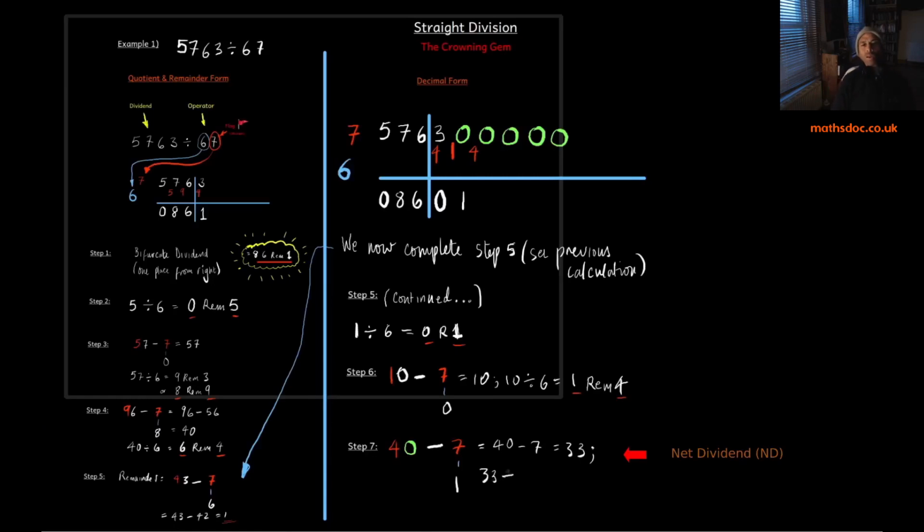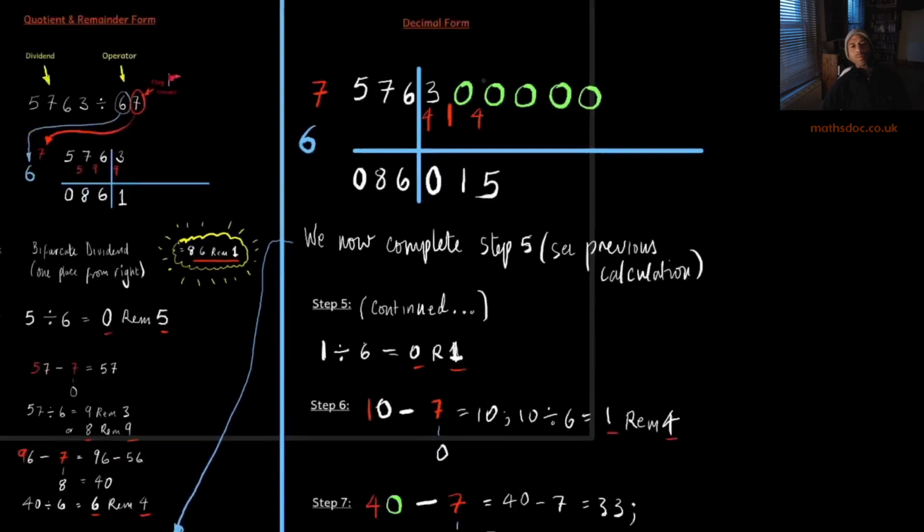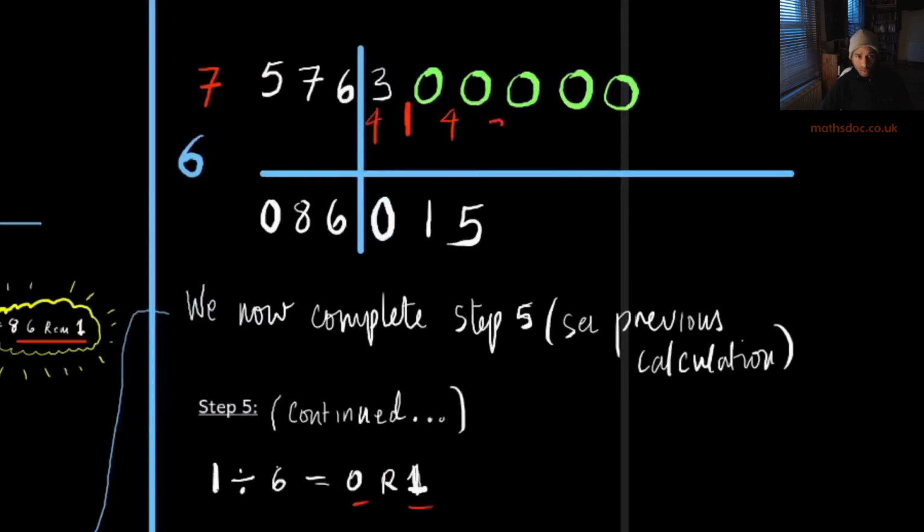So 33 divided by 6 gives 5 remainder 3. So we're going to slot that 5 in the answer box under the next 0 there, and prepend the 3 to the next 0 to the right.